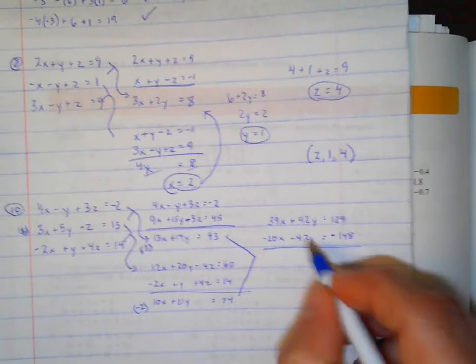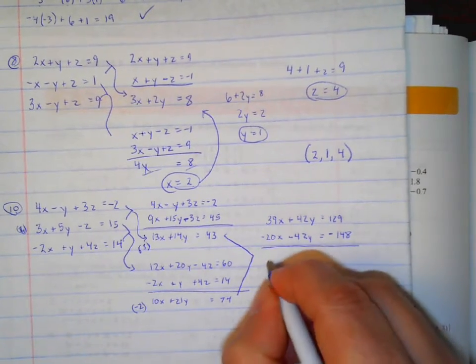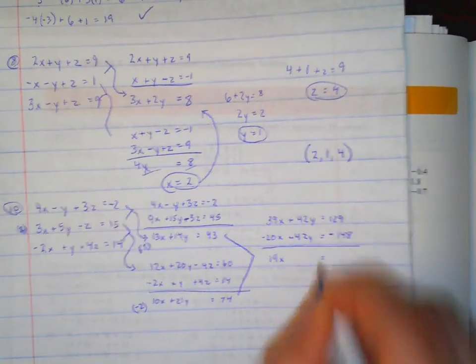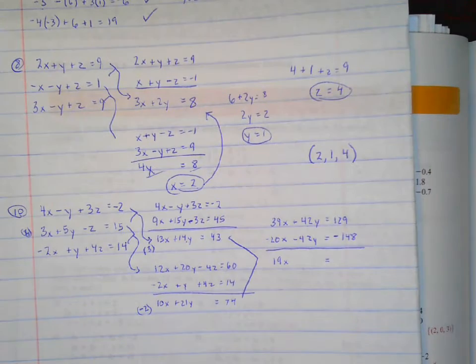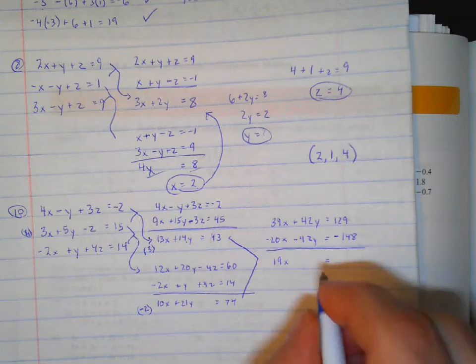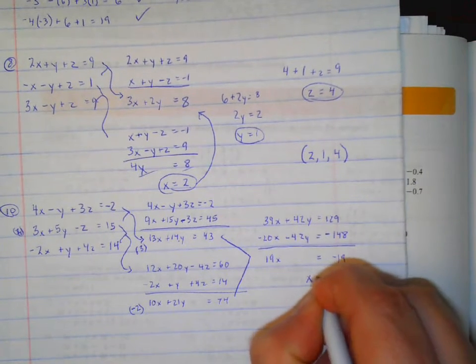Okay, those eliminate, that's 19x is equal to -19, therefore x equals -1.